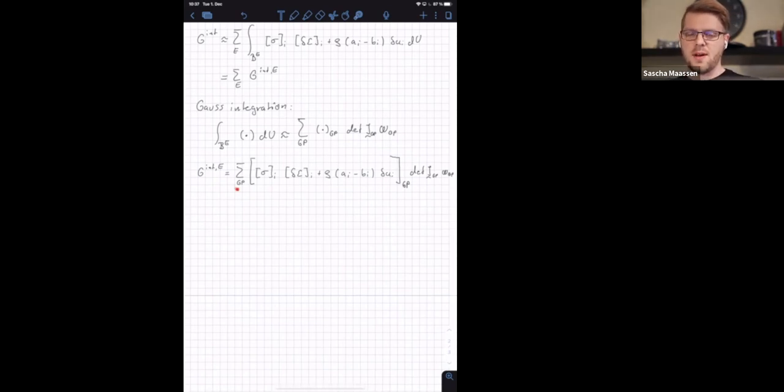Of course, outside we have the sum. And one thing that I missed to say is that the determinant of the Jacobian is also evaluated at each integration point. So this depends a little bit on the finite element that we are using, whether the Jacobian is constant even or depends on the parametric coordinates. However, this must also be evaluated at the integration points itself.